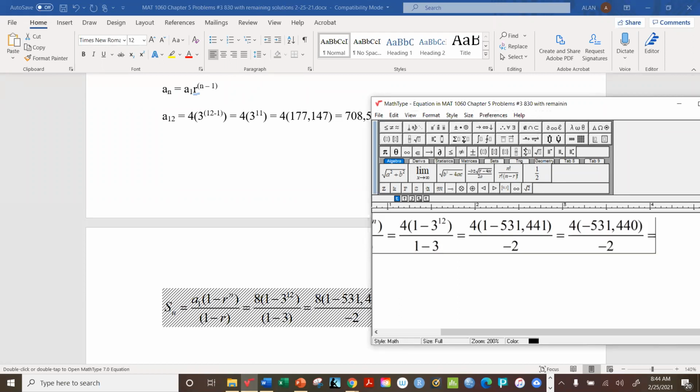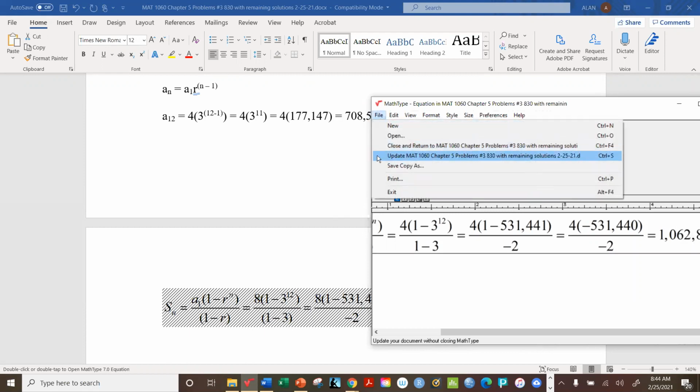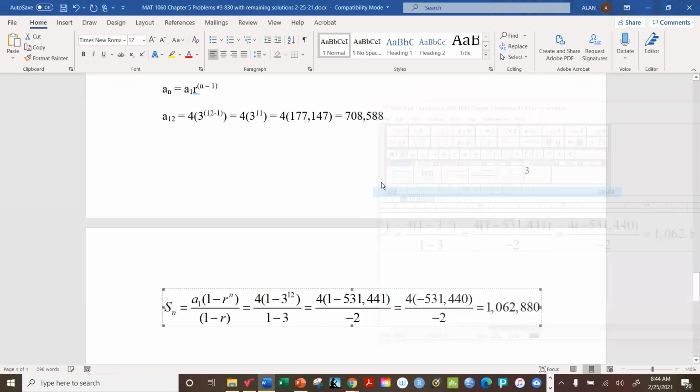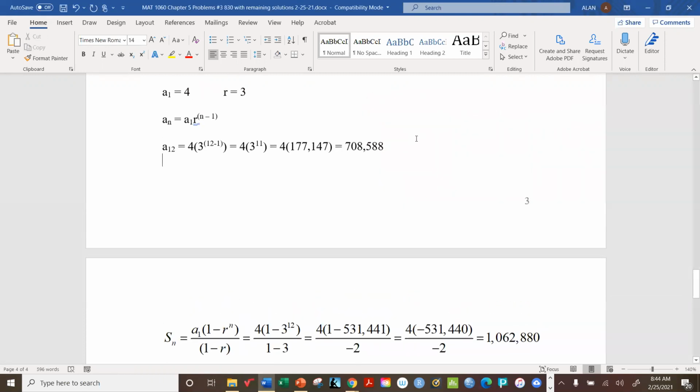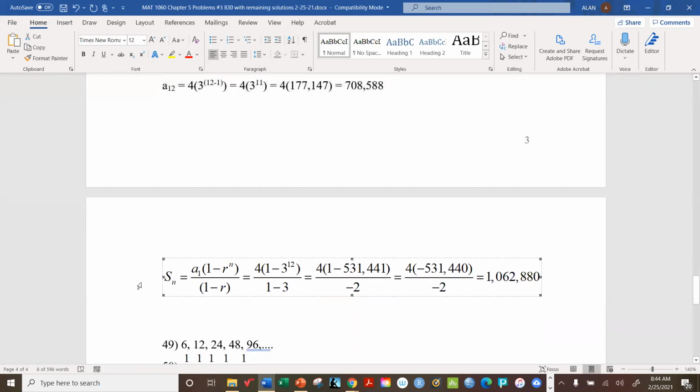Okay, and so finally, when all this is done, we end up with, wow, 1,062,880. All right, so we start up here. We have our 12th term and the sum of the first 12.